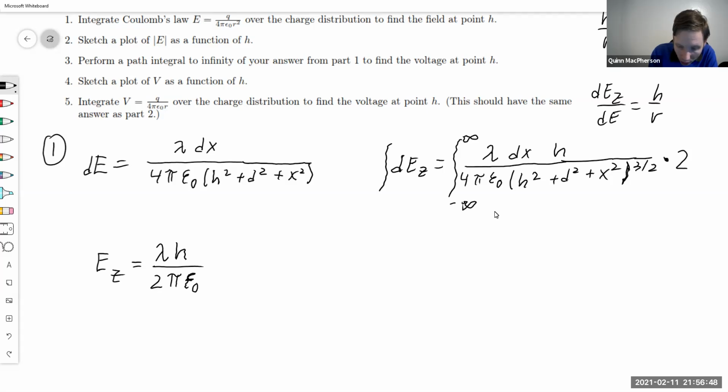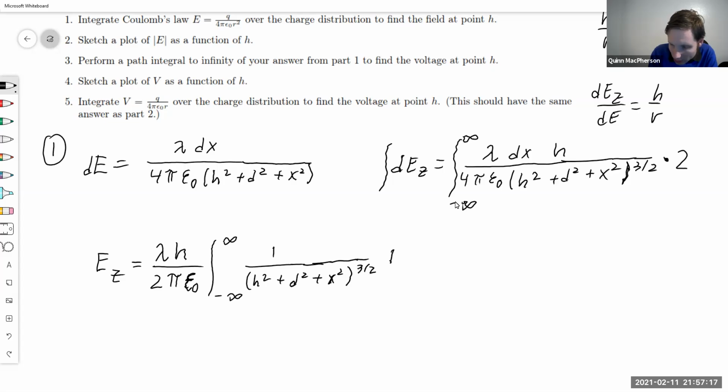It's 2, not 4, because the 2 over here canceled with one of the 2's in the 4. Then the integral from minus infinity to infinity of 1 over (h squared plus d squared plus x squared) to the 3 halves dx.